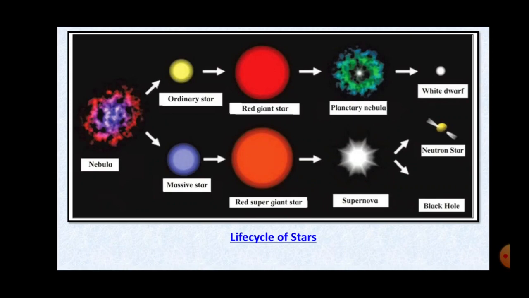And then whatever objects are nearby these stars, they are attracted towards these stars and the light stops coming out of these stars. They are not reflected, and thus we cannot see the star at all. Instead, the end stage is called a black hole because we are not able to see the star, we are only able to see the black hole. So this is all about the life cycle of the star.